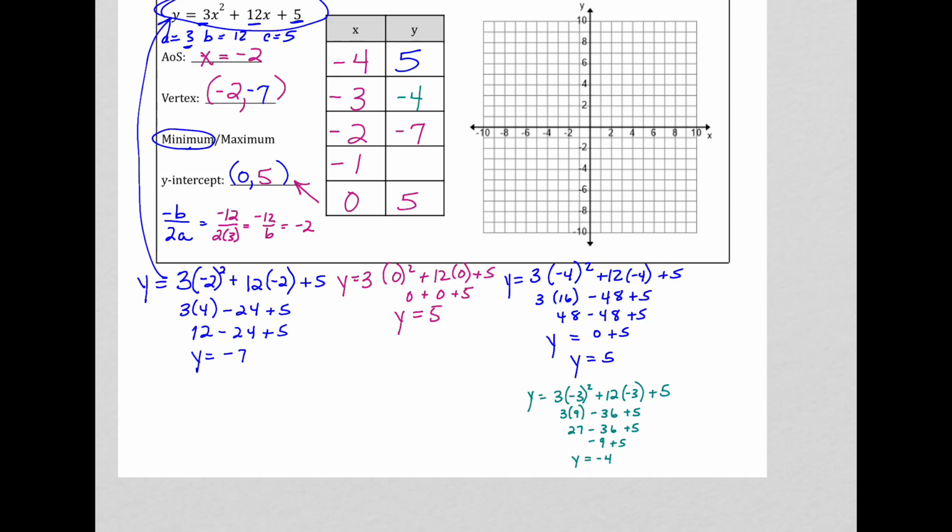Okay, so we have -4, +5. We have -3, -4. Our vertex at -2, -7.